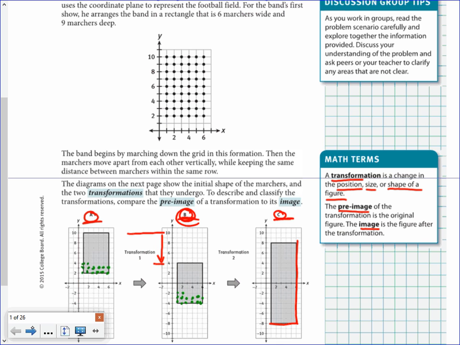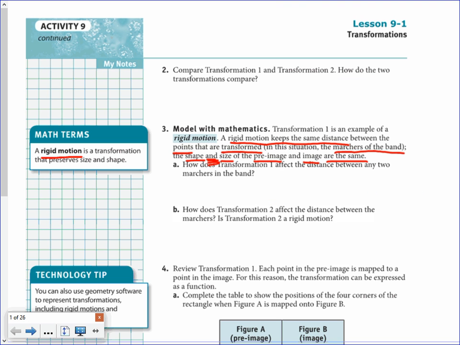If you look now, part B asks, how does transformation 2 affect the distance between the marchers? Is it a rigid motion?